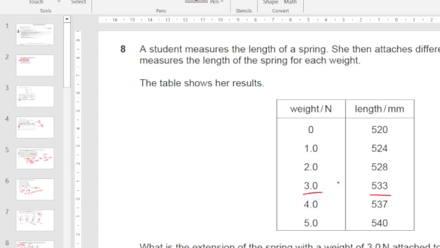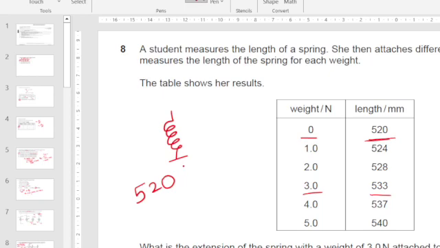Look at the data given. When there is no weight, the length of the spring is 520. I have a spring, there is no weight, the length of the spring is 520. The initial length is 520.